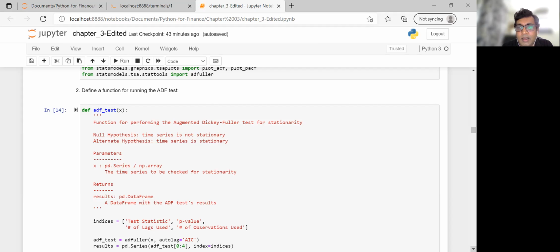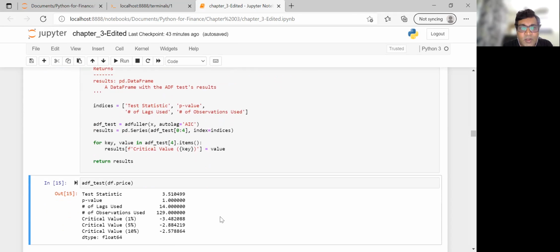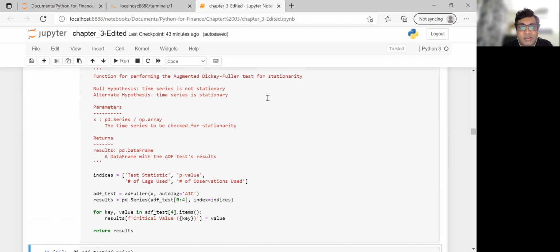But since we don't want to go into literature, my only point here is that we need to see that p-value should at least be less than 0.05. If it is more than 0.05, like in this case, we cannot reject the null hypothesis. And our null hypothesis is time series is not stationary. So which means we cannot reject this. And if we're not rejecting it, then we need to accept this, which means time series is not stationary.